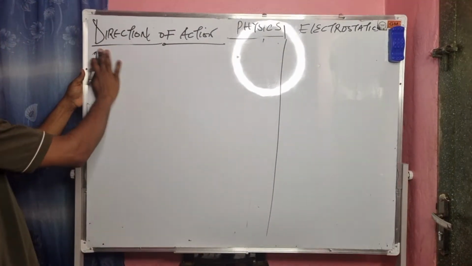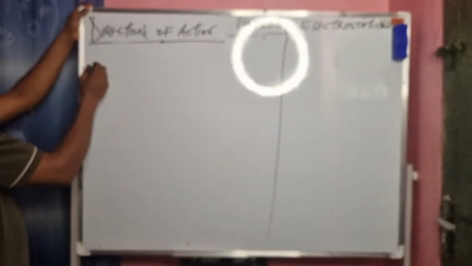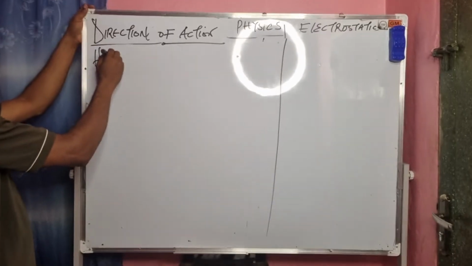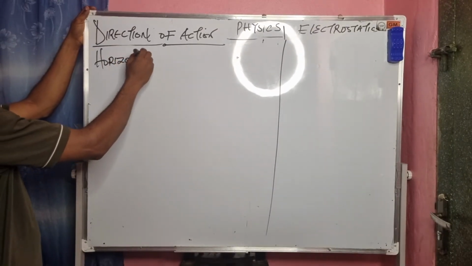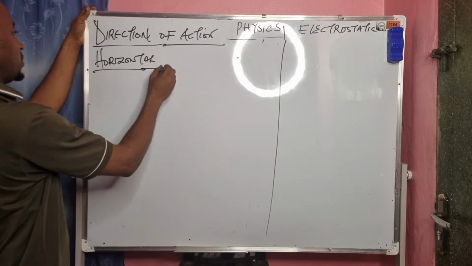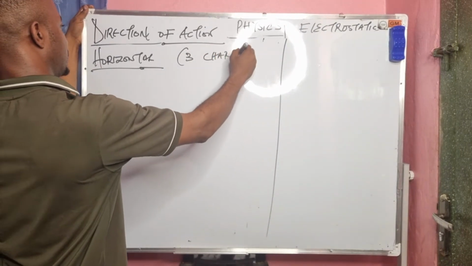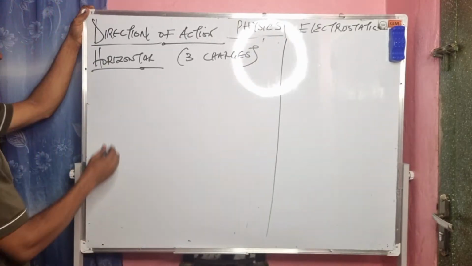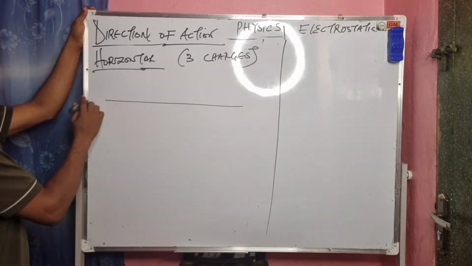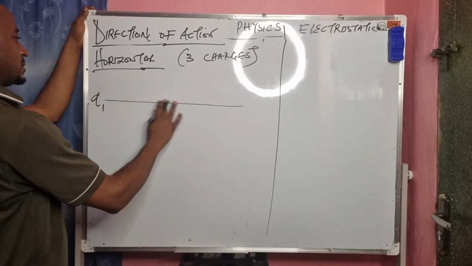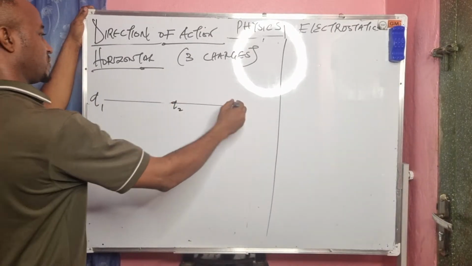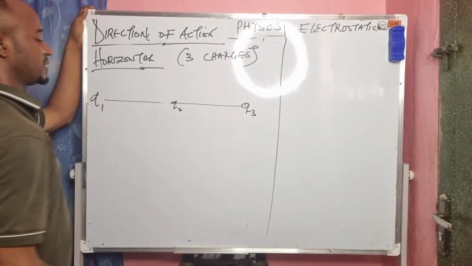Let's look at what we have here, still under horizontal, but in this case we have 3 charges: Q1, Q2, and Q3.